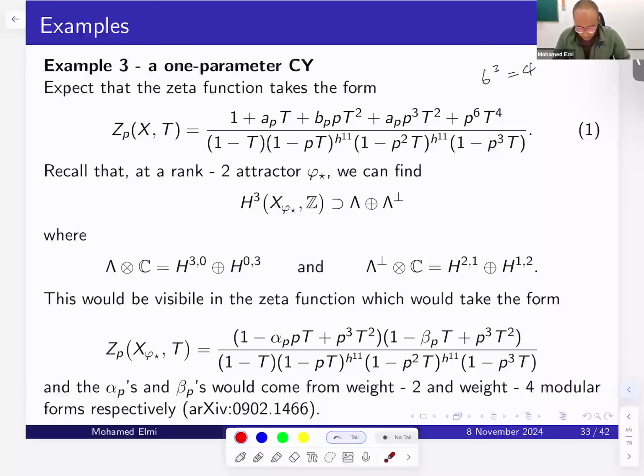And we want to study attractive points of rank 2. So Q is also fine here, so then this becomes an equality, and you find some vector spaces with very specific Hodge numbers. And the point is that this kind of decomposition will be visible in the zeta function as a factorization of this numerator.